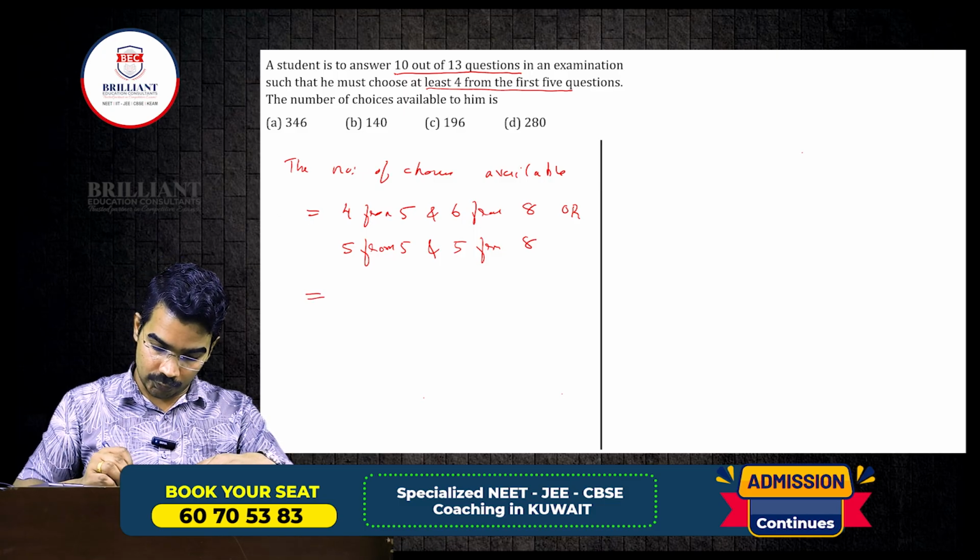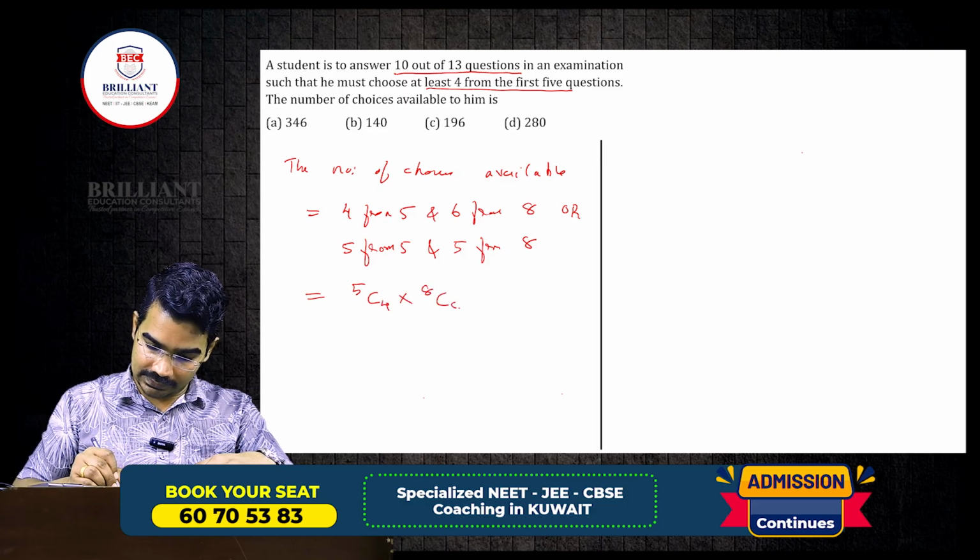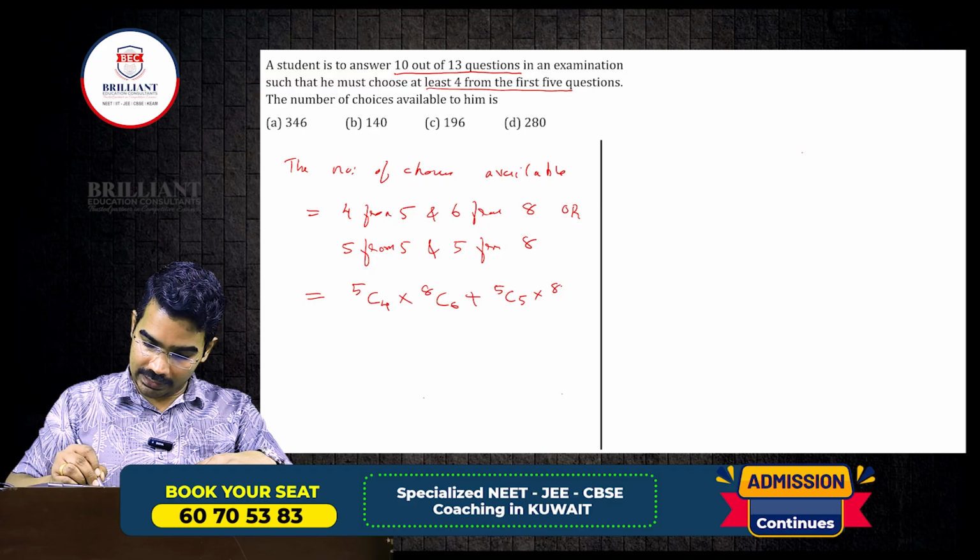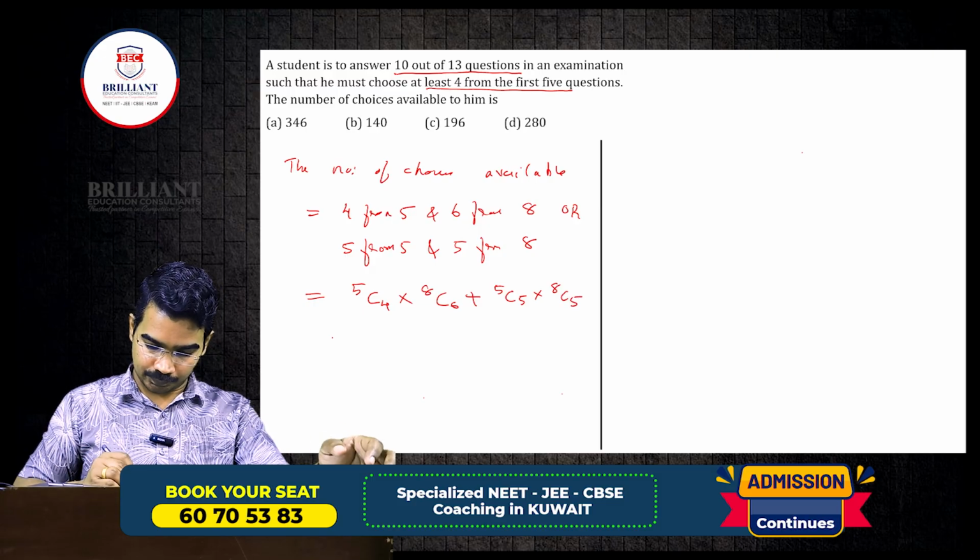So this will be equal to 5C4 into 8C6 plus 5C5 into 8C5.